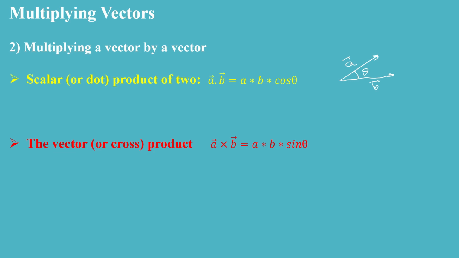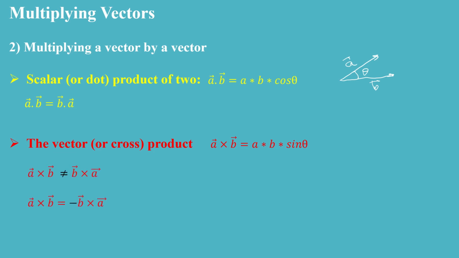There is a rule you might be familiar with. It's called the commutative law, which says A dot B is equal to B dot A. So it doesn't matter whether A comes first or B comes first. However, in terms of the cross product, we cannot say that.